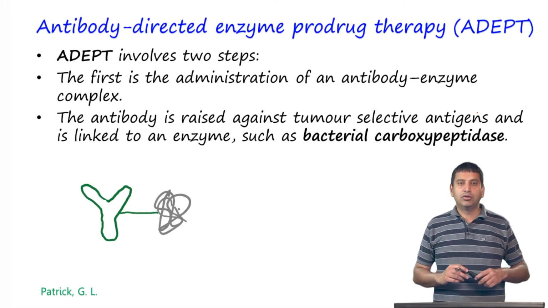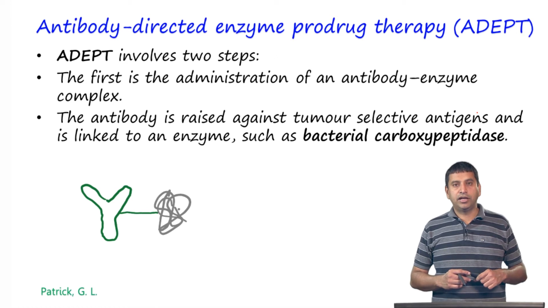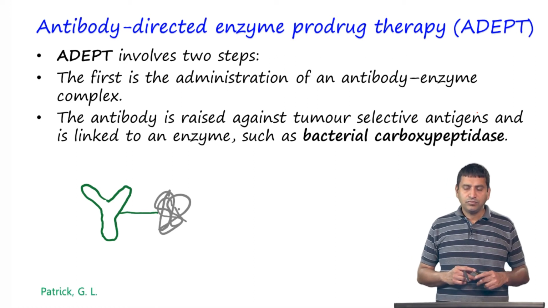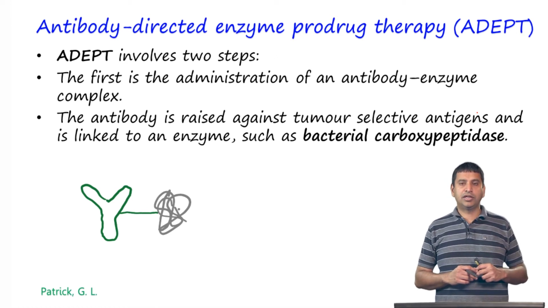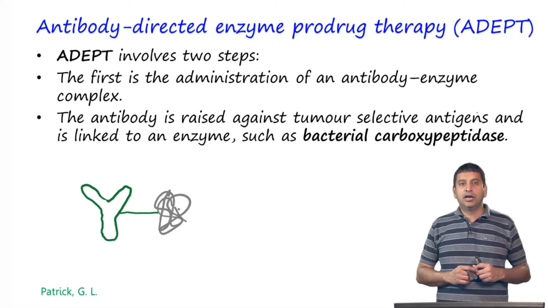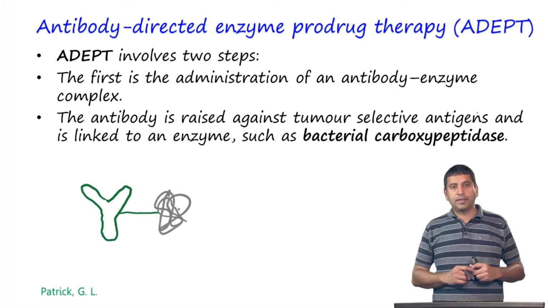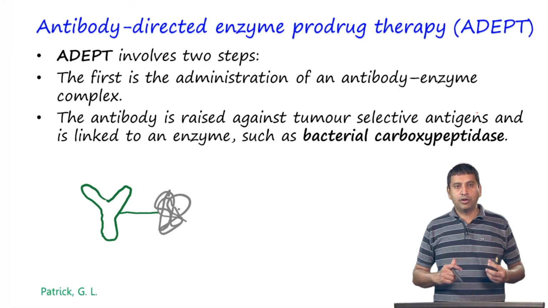Using this concept, another whole field of prodrug therapy has been developed, called antibody directed enzyme prodrug therapy, or ADEPT. There are two important steps in ADEPT. The first is that we make an antibody enzyme complex.